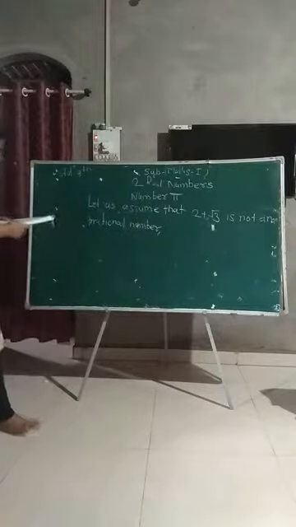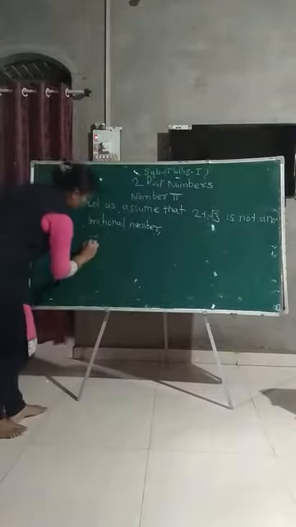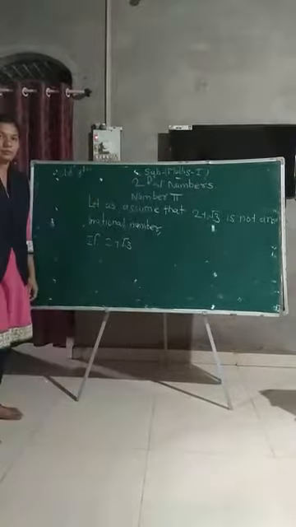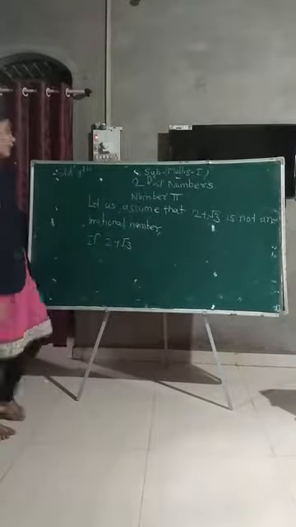If 2 plus root 3 is irrational, then let 2 plus root 3 be rational.